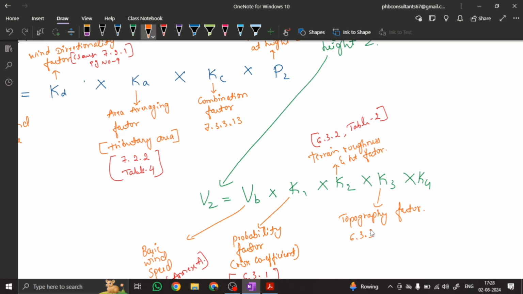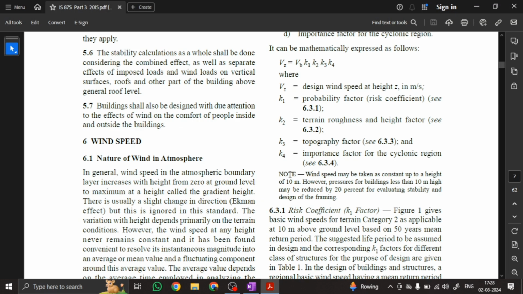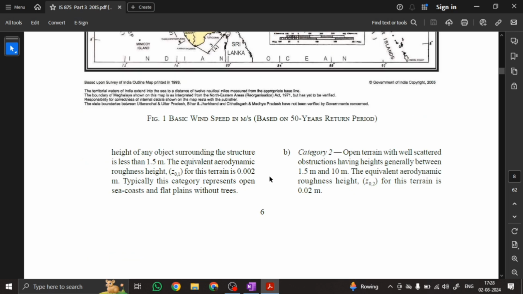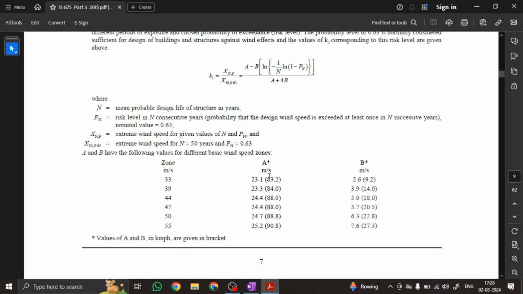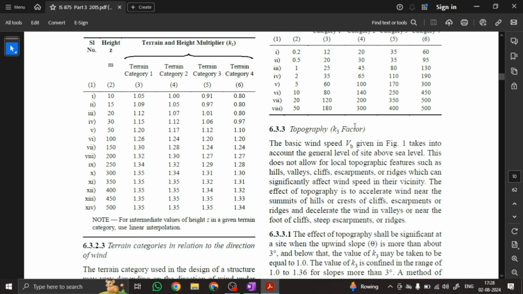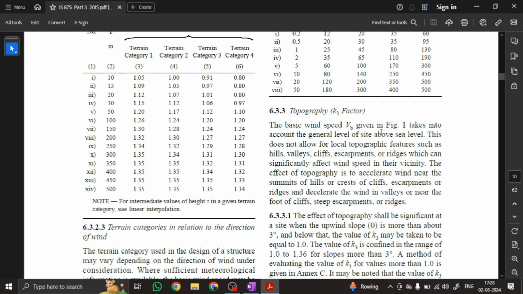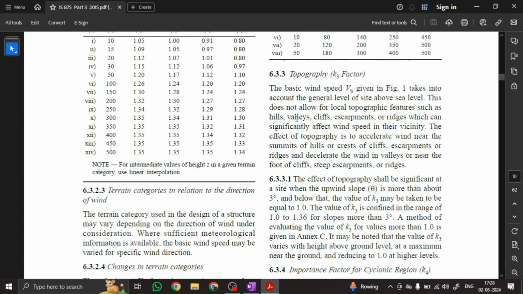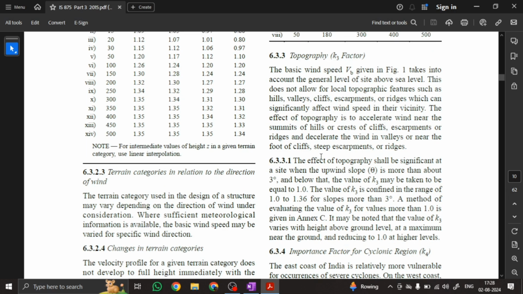Okay, now what 6.3.3 says to us is, here it is the topography factor. Read this one. By using basic wind speed, Figure 1 takes into account general level above sea level. You have to read these and take the value.